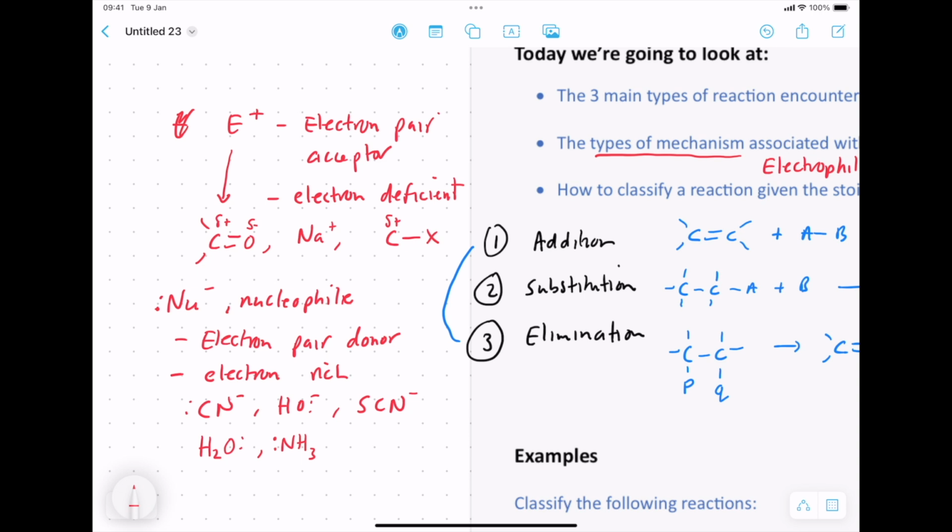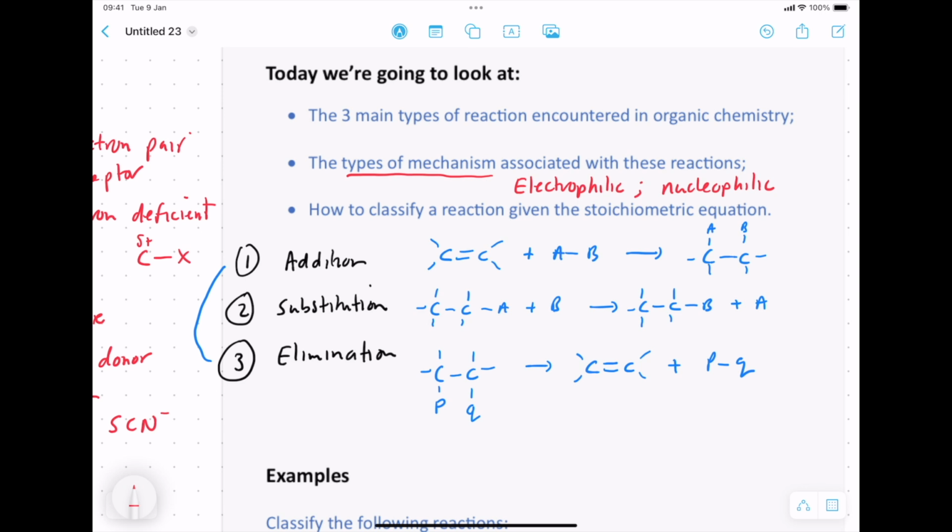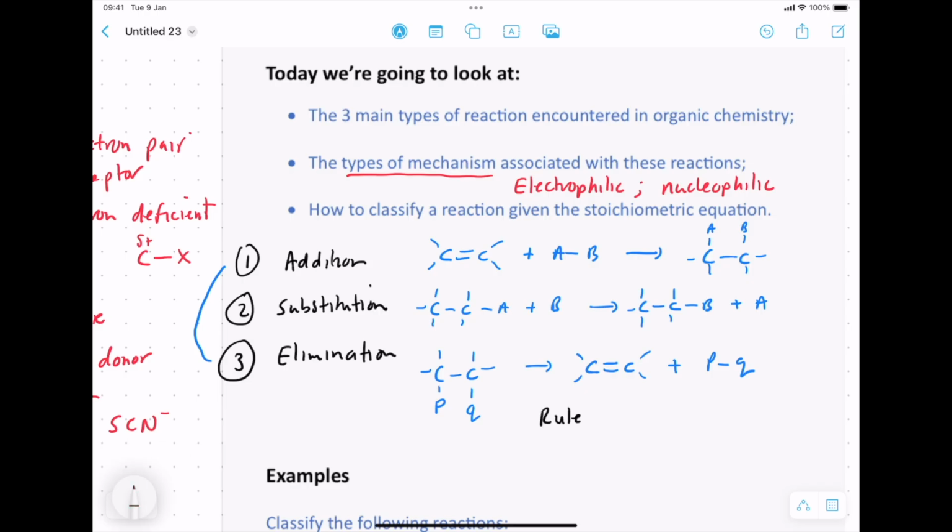Now that we've defined nucleophile and electrophile, we can return back to this and we need to decide, for example, if you're looking at a random equation, is this electrophilic addition? Is this nucleophilic substitution? How do we do this? Right, the rule is this. Number one, look at the reaction and decide if it's addition, elimination, or substitution.